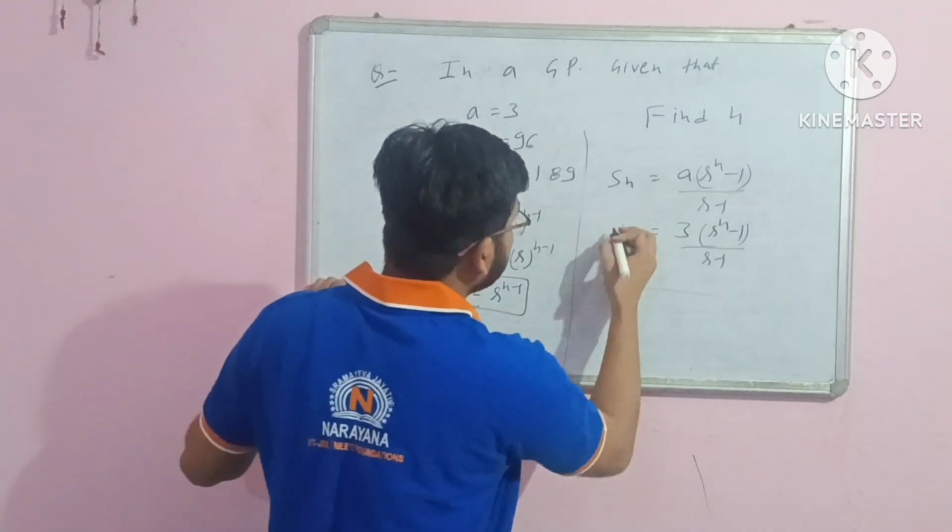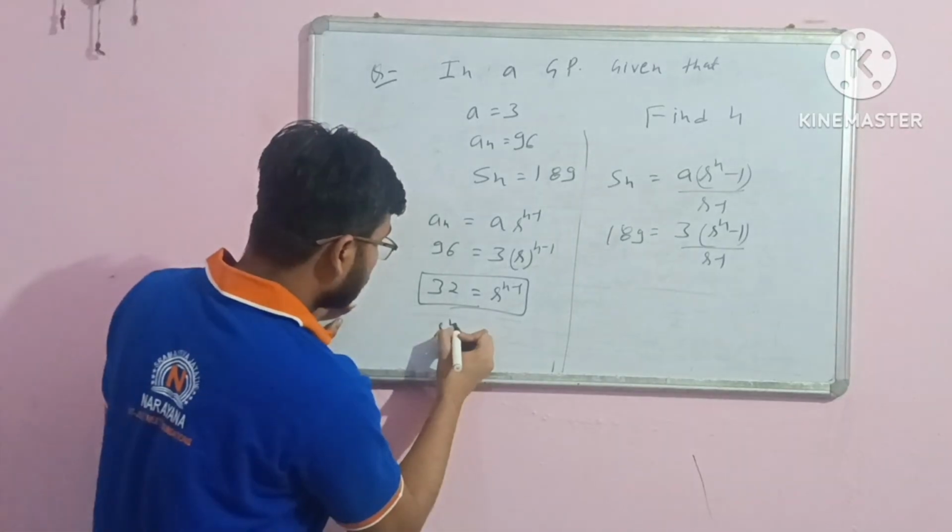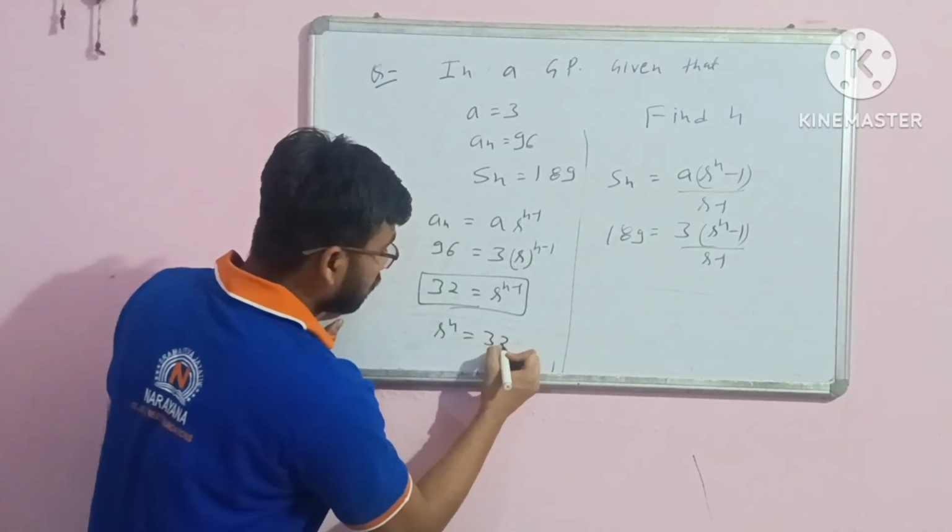What is the sum here? The sum is 189. So r to the power n becomes equal to 32r.